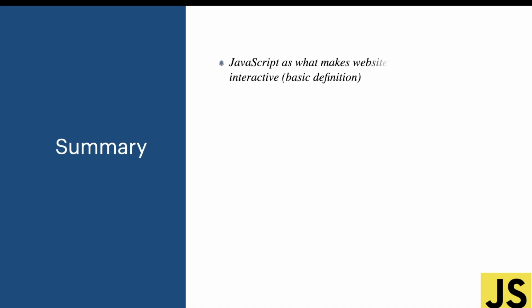In summary, we've seen JavaScript as what makes our website interactive. Remember, this is a basic definition. We are going to see more about JavaScript in detail later in the series. We also looked at JavaScript engines. On Google Chrome, we have the V8 engine. On Mozilla, we have SpiderMonkey.